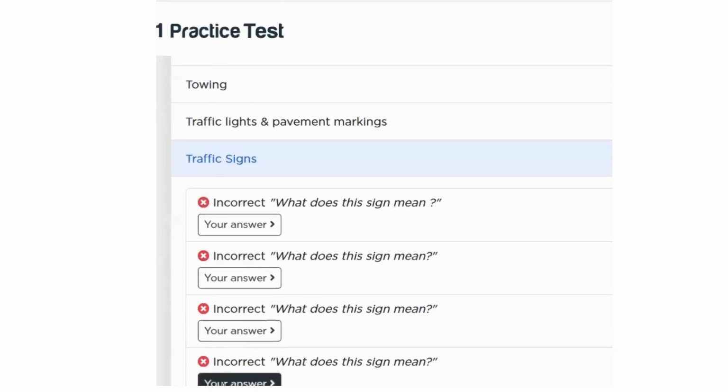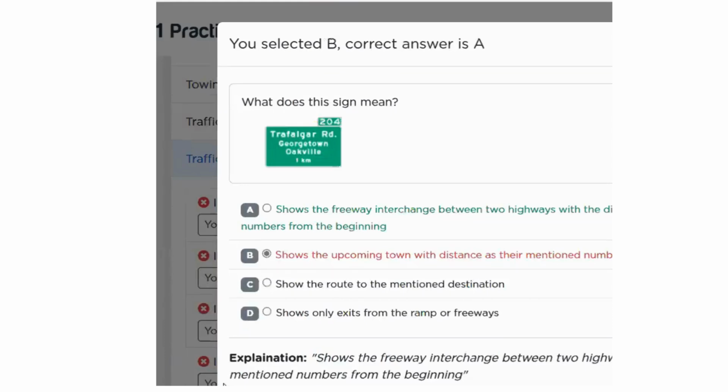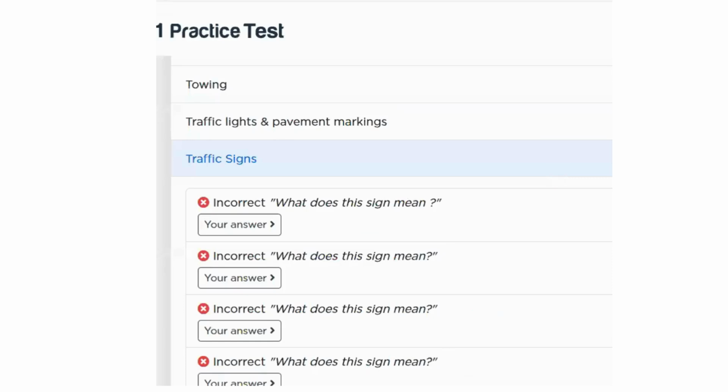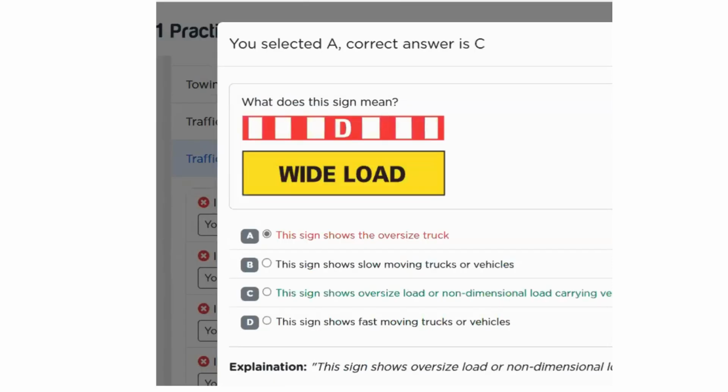Right. Shows the freeway interchange between two highways with the distance. Okay. The sign shows oversized load or non-dimensional load carrying.